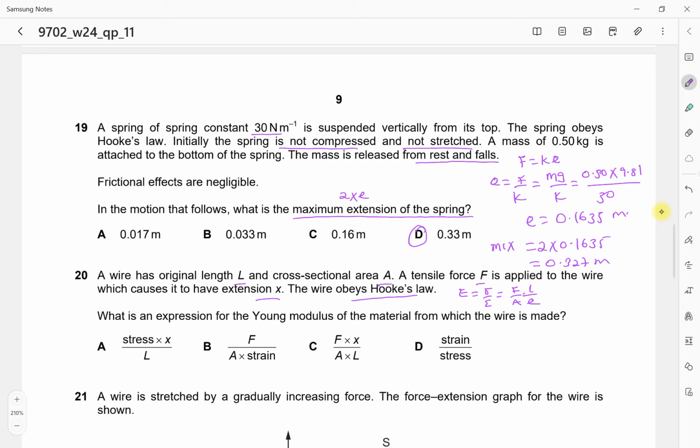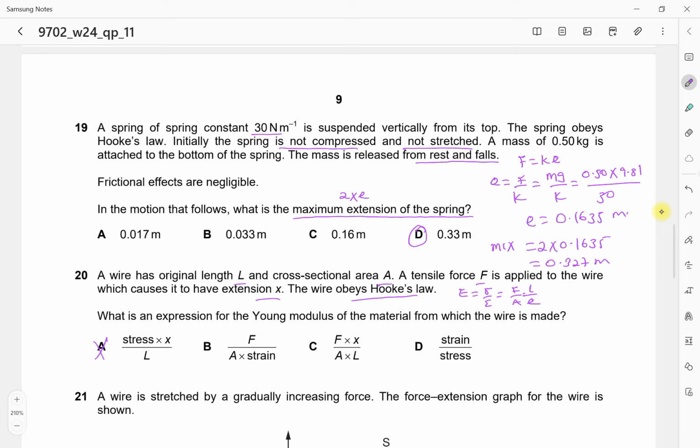What is an expression for the Young modulus of the material from which the wire is made? So this one is stress times X over L. This is out, because stress is force over area, then times extension over original length.